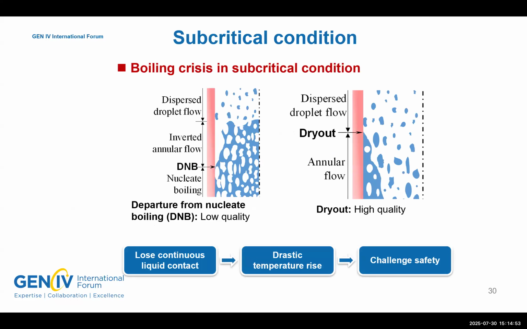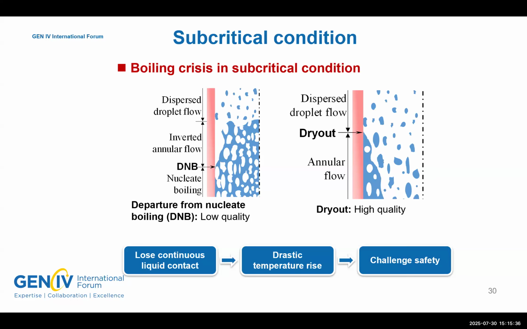Since the poor heat transfer capability of vapor and the boiling crisis could lead to the failure of the heated surface, it is a significant safety limitation to the heat transfer. Regarding flow boiling in a pressure tube, two boiling crisis mechanisms are to be considered. One is departure from nucleate boiling, DNB, as shown on the left figure, and the other kind of boiling crisis is dryout.